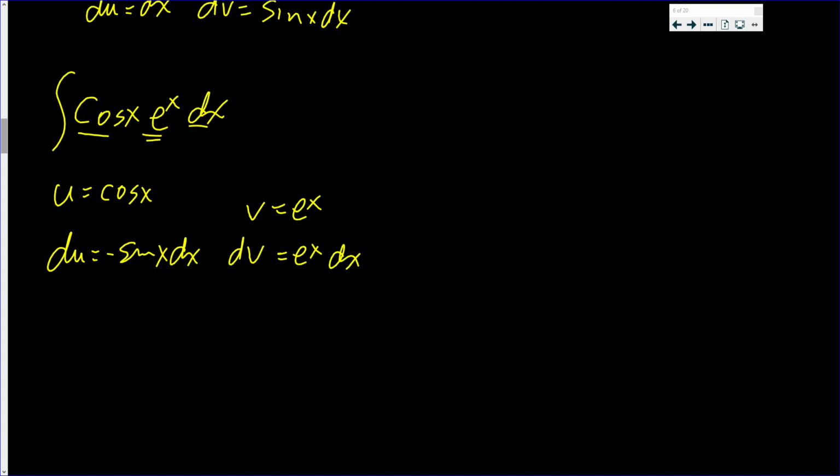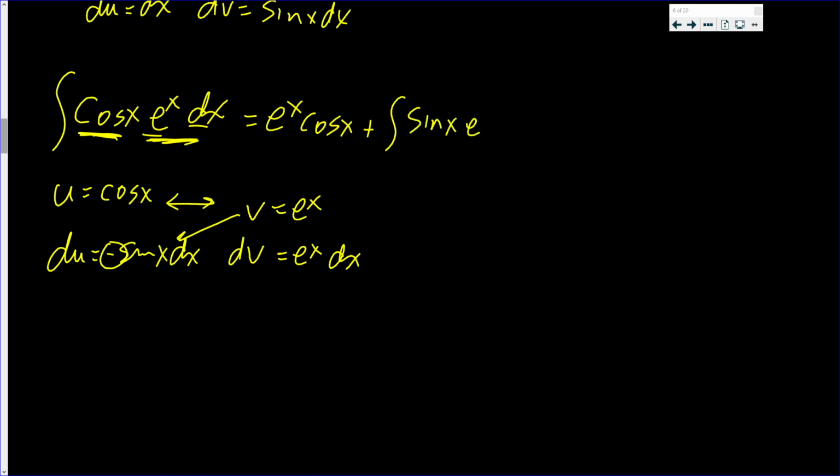Doesn't look like it. If I call this u, will what's left over be du? Don't think so. Integration by parts. So this becomes u times v, which is e to the x cosine x, minus the integral of v du. But that has its own minus sign, so it becomes plus the integral of sine x e to the x dx. So the answer is going to be e to the x cosine x plus whatever this integral is.